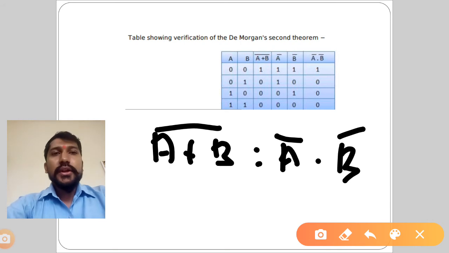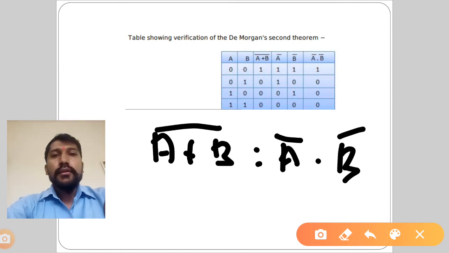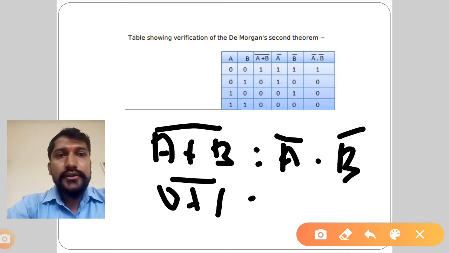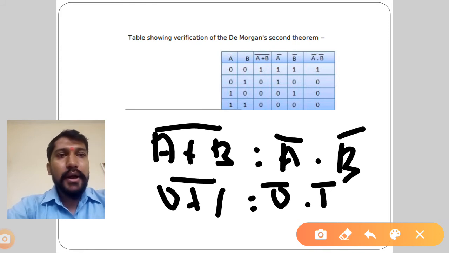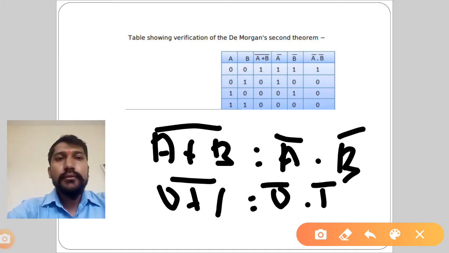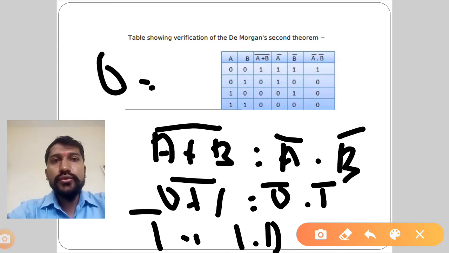What is the value of A over here? 0 plus 1 bar is equal to 0 bar dot 1 bar. 0 plus 1 is 1, and 1 bar is 0. On the right, 0 bar is 1 and 1 bar is 0, so 1 dot 0 is 0.